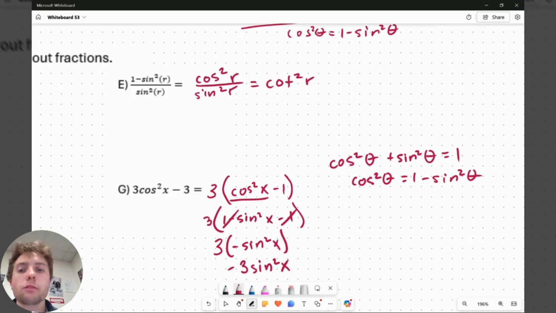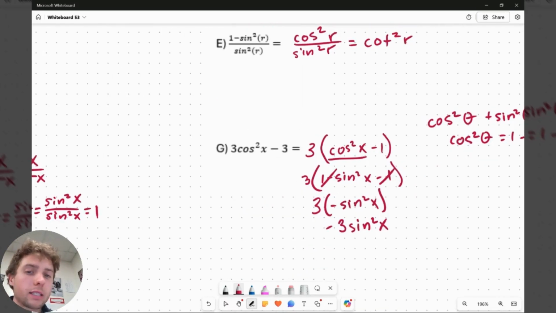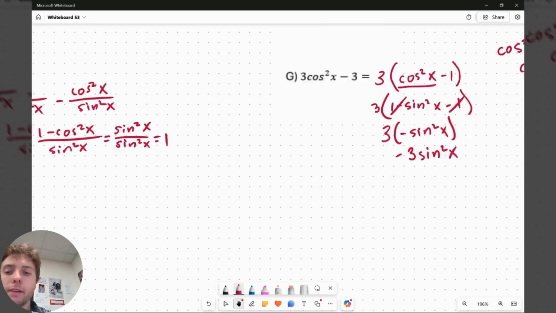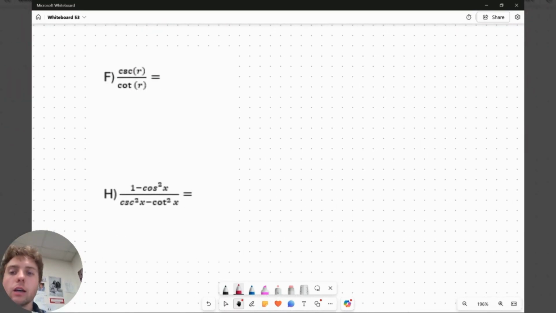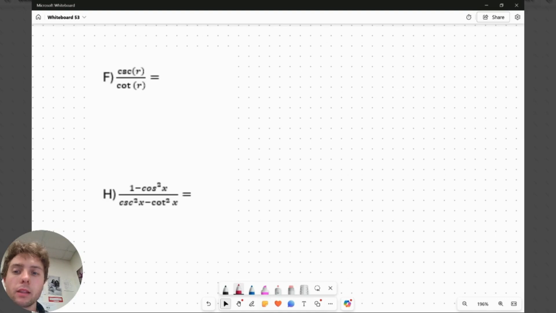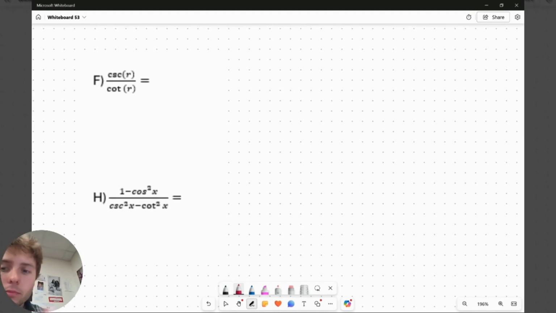There's a variety of ways to get these answers. You don't have to use the steps I am utilizing, but it is one way to get the answer. You may find other methods, other ways that work. Let's look at F. Notice no squareds. I cannot use Pythagorean identities. But I do know cosecant is that.